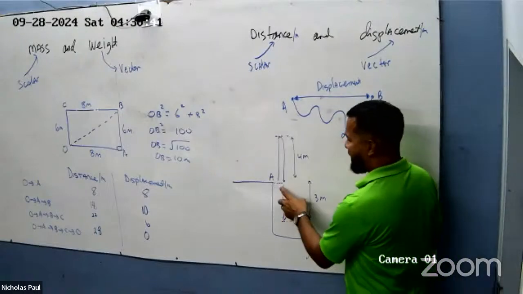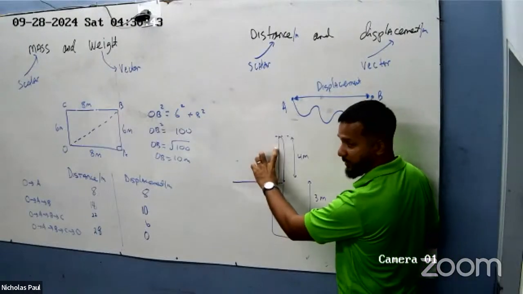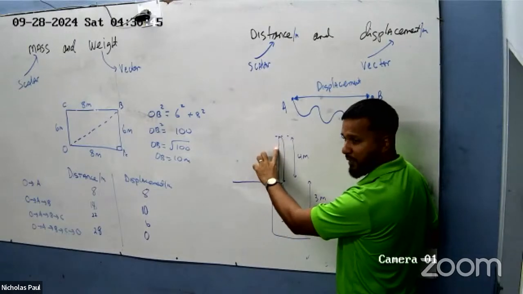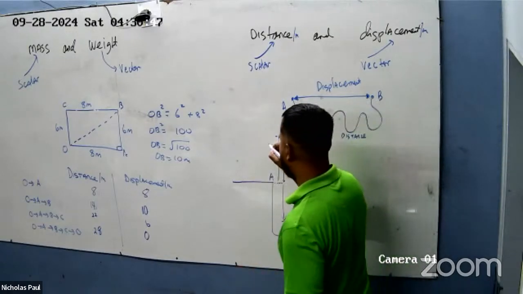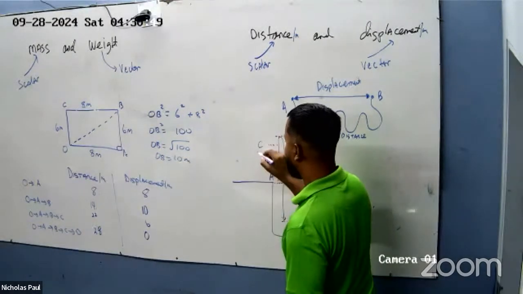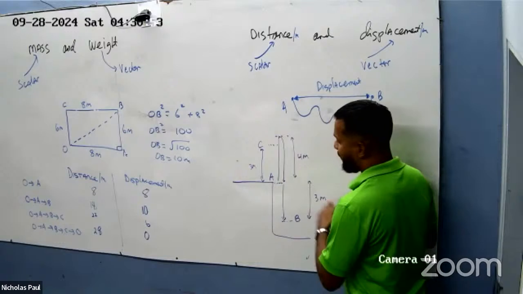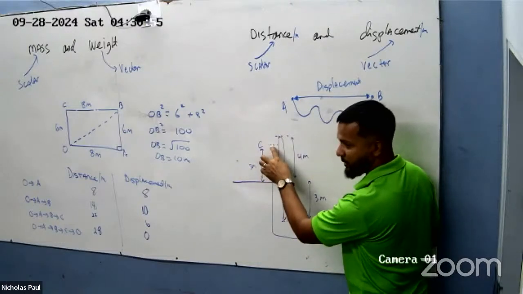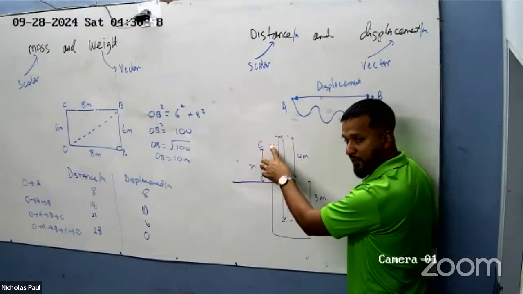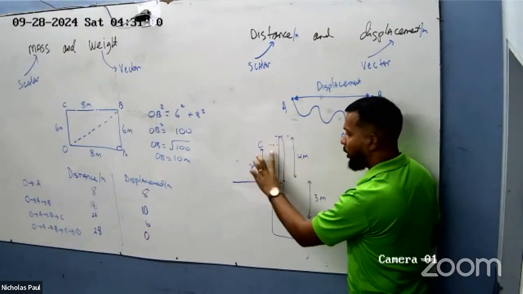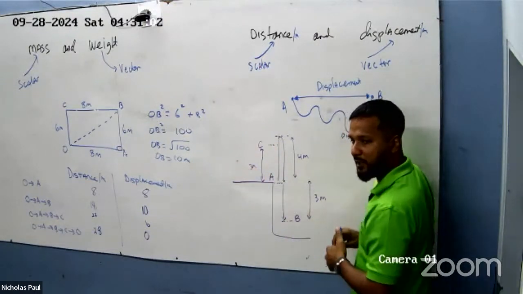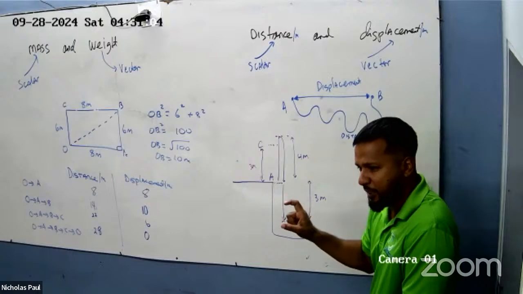But 3 meters could also be about here as well. Let's pretend I had a point C. Here to here is 3 meters. If an object started here and finished here, that's also 3 meters. So how do we differentiate them?